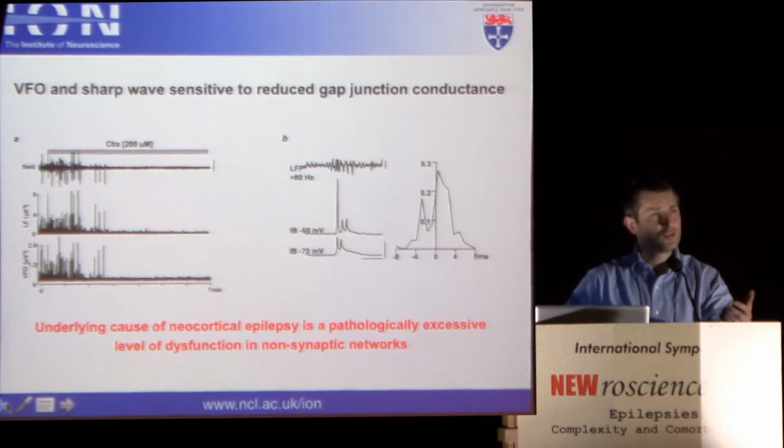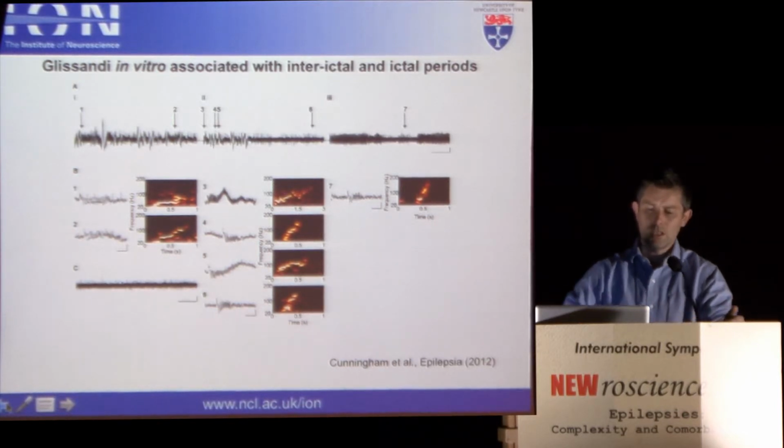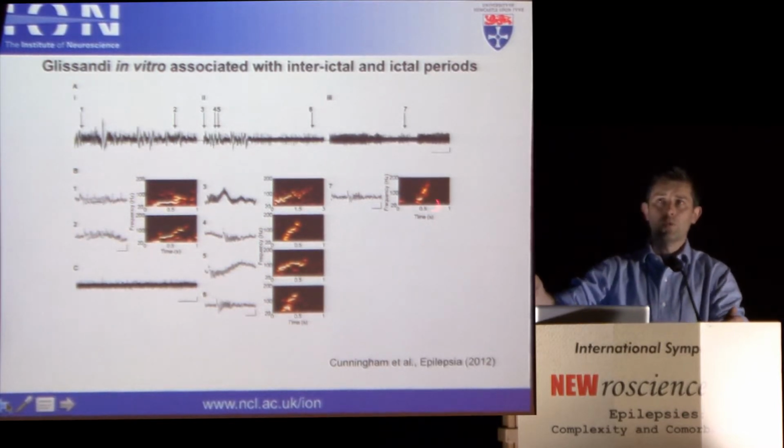In addition to describing this form of high-frequency oscillation, we've also more recently revealed a new form of high-frequency oscillation which has not been previously demonstrated in animal models, which we term the glissando. So these glissandi are brief runs in which the frequency of the high-frequency oscillation ramps up over time.